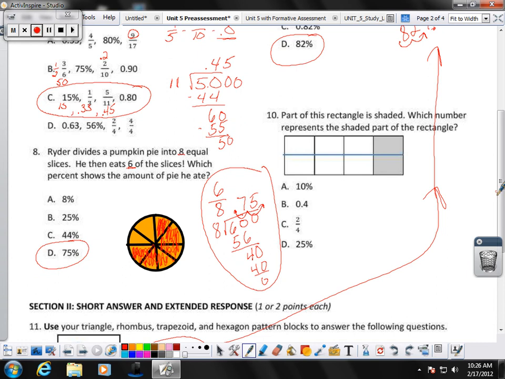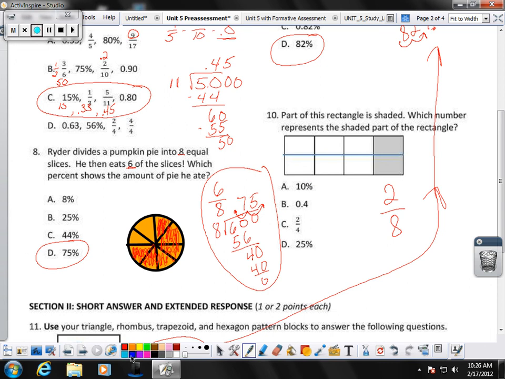Part of this rectangle is shaded. Which number represents the shaded part of the rectangle? So I look at my rectangle. I have my whole as 1, 2, 3, 4, 5, 6, 7, 8 slices, and I've shaded 2 of those slices. So I would look at this and say, well, it's 2/8. The problem is I have lots of different numbers here that could represent 2/8.